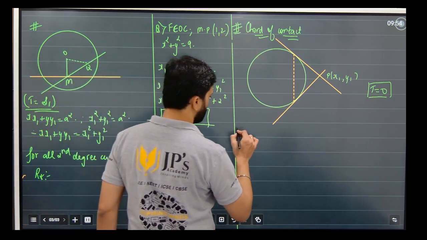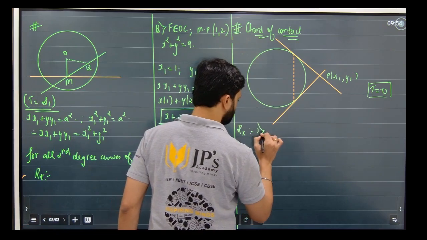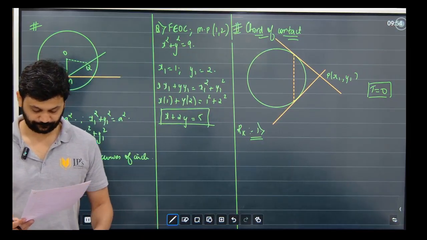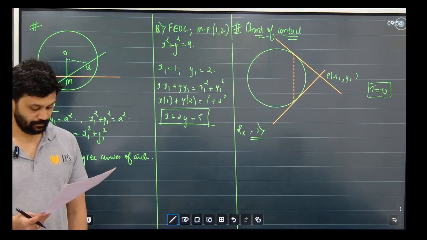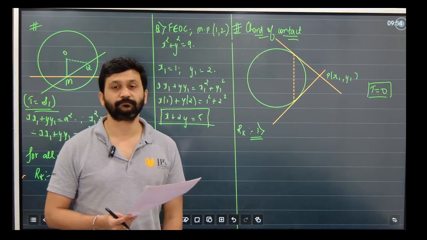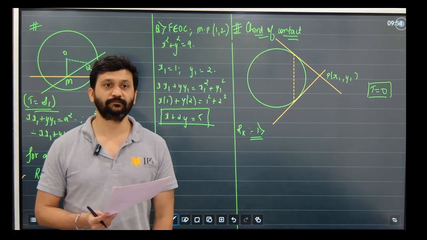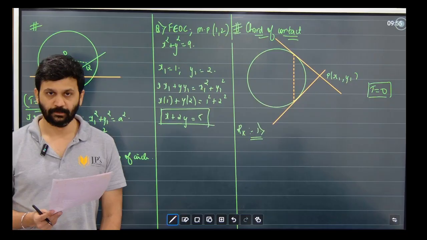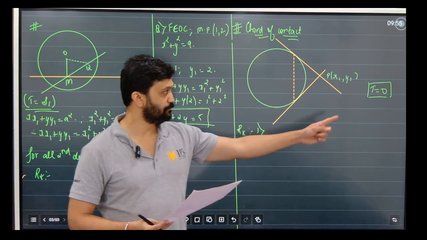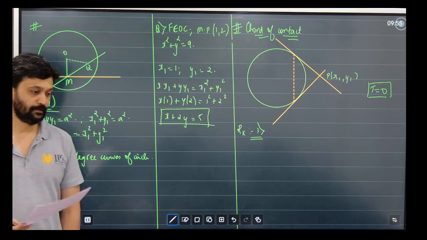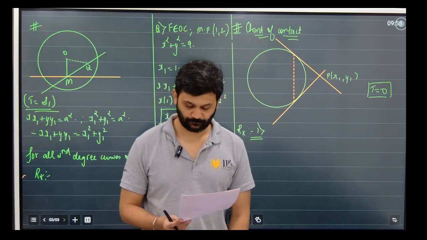Now, remark 1: if the point P is on the circle, T is equal to 0 is the tangent to the curve.